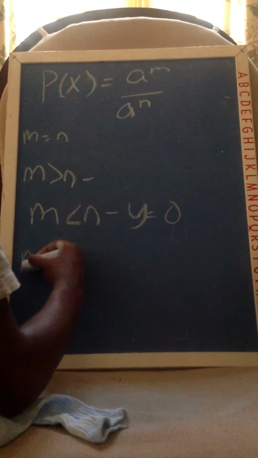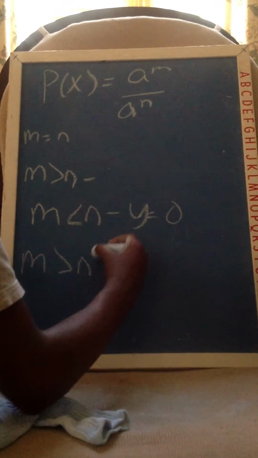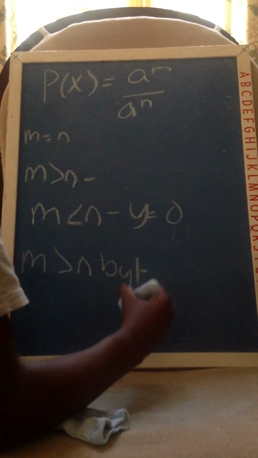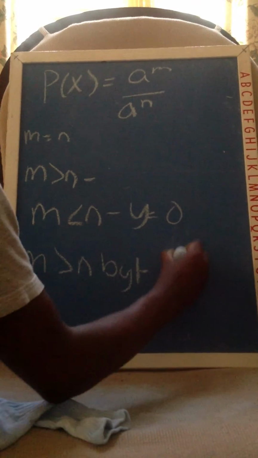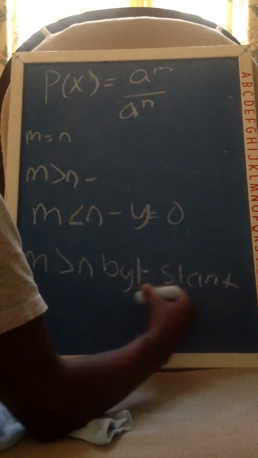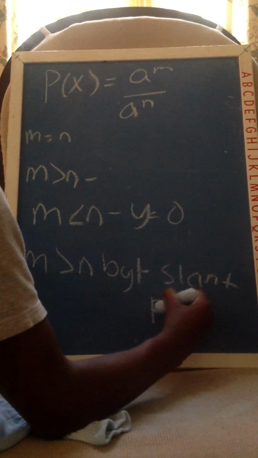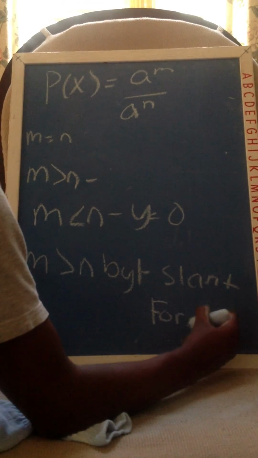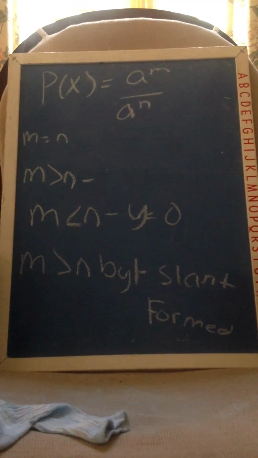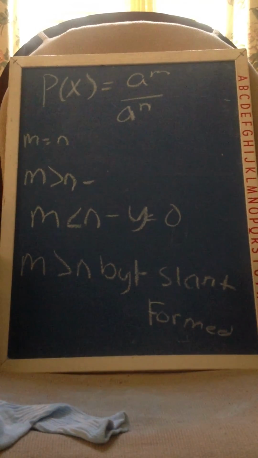And when m is greater than n by 1, a slant asymptote will be formed. And this concludes the lesson for radical and rational functions.